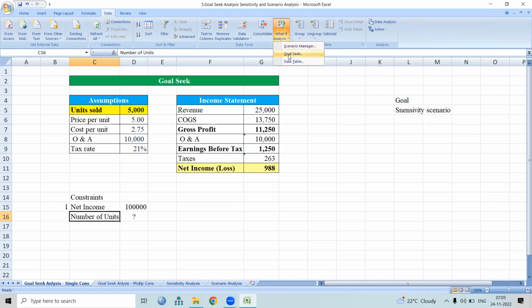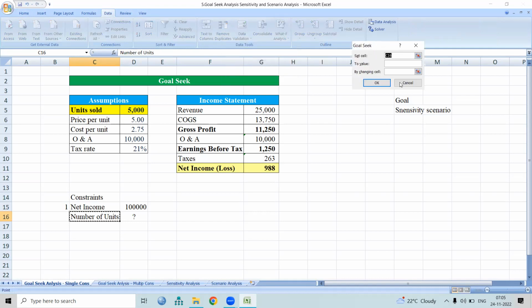In what if analysis, we have something called goal seek. So click on this goal seek analysis. Let's pick up the target cell. The target cell is basically net income. So let us go to the set cell and select the cell G11.